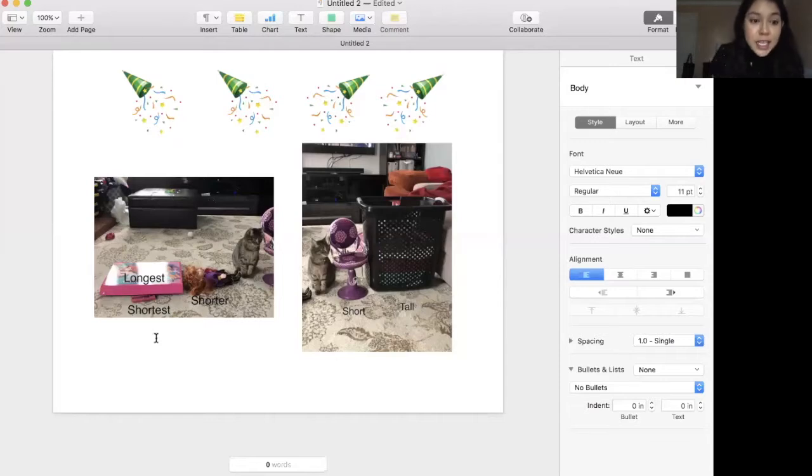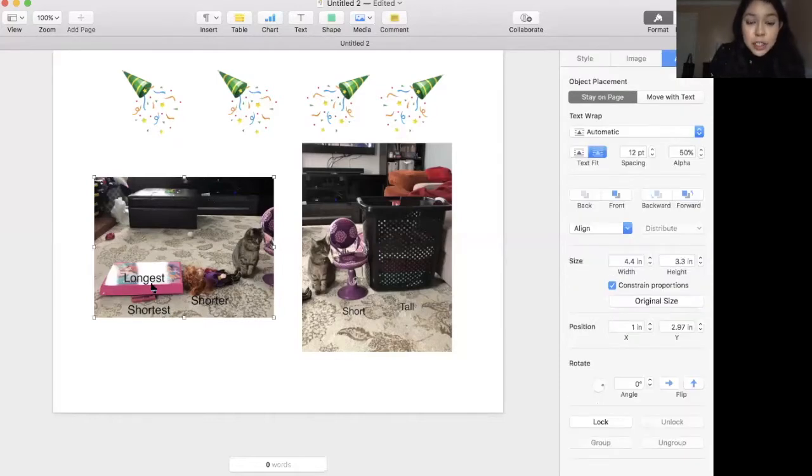This friend labeled longest, shortest, shorter, and taught her cat about it. And then she did height, short and tall, using objects from her home. Way to go to this Gaucho friend.